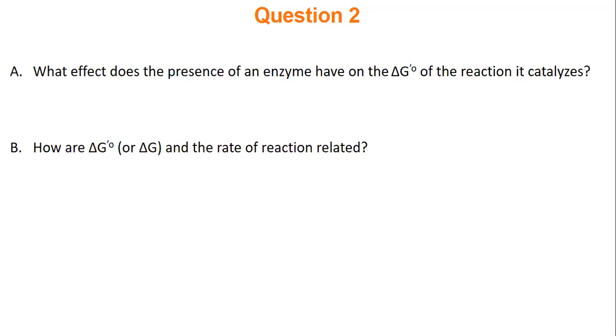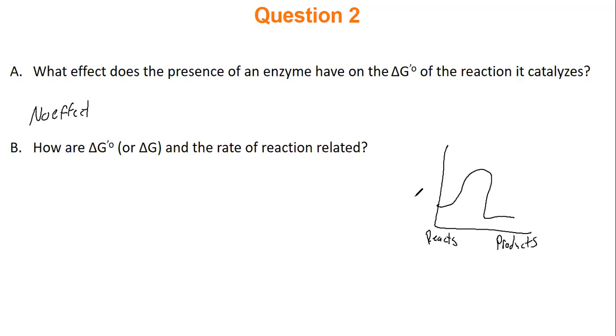Okay. So you know that enzymes lower the activation energy. So does it lower delta G, not prime? No. So no effect. Let's remember. Let's say that's our regular reaction coordinate. This is reactants. That's products.